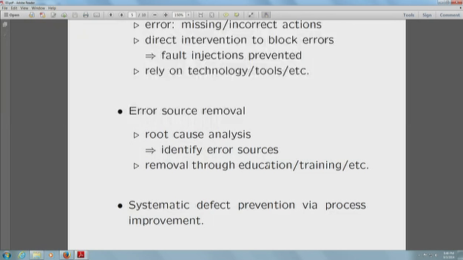So oftentimes people are looking at defect prevention, the so-called process improvement, and how you do this.